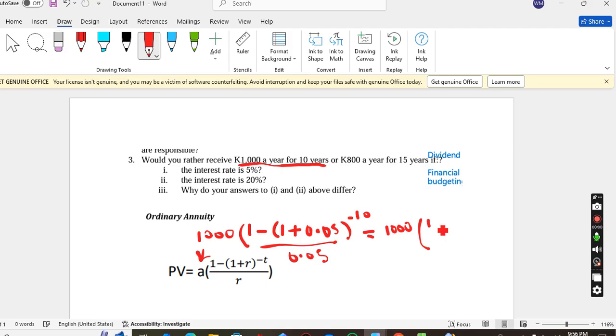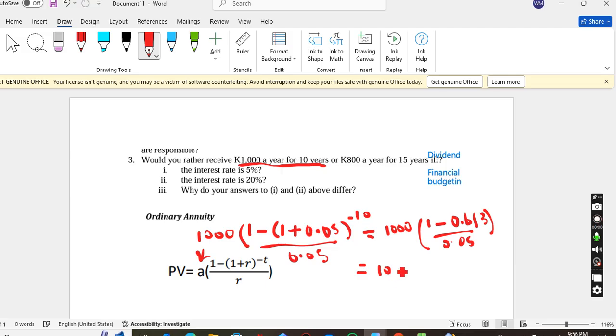So we get 1 minus 0.613 over 0.05. Now you subtract 1 minus 0.613. What do you get?